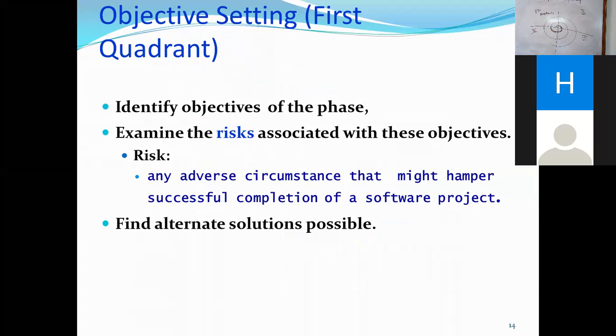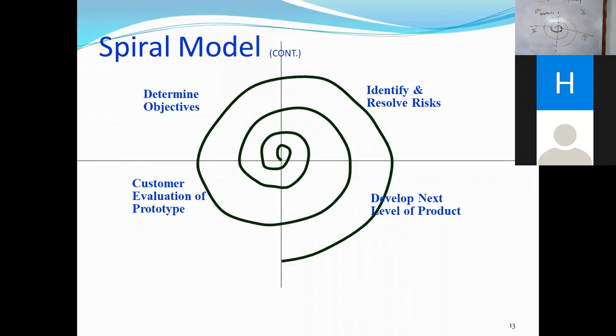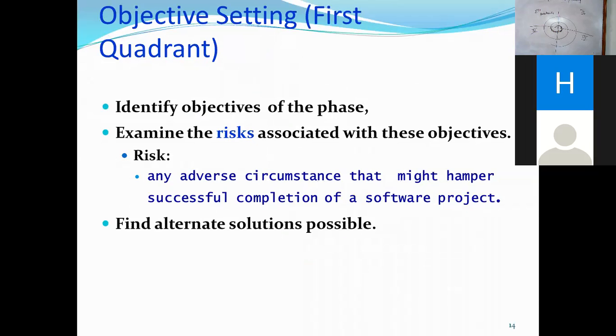Now what could the risk be in software? That the wrong software gets built, something other than what we want to build. So that risk may be associated with the feasibility study. And finding alternative solutions where possible, we need to find the alternative solutions. So that is the first quadrant.